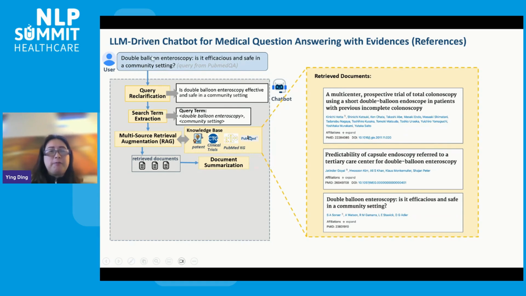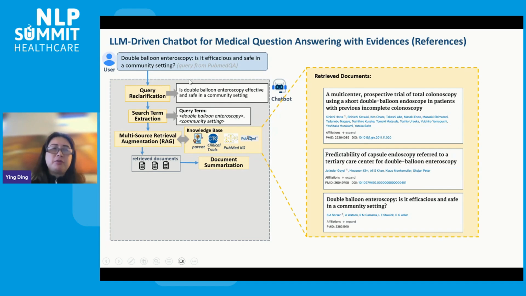Basically, given these specific questions, we use query reclassification: we ask GPT to rewrite the question and also to come up with search terms, query terms. Then we go to our multi-source retrieval augmentation, based on the knowledge base, to retrieve.